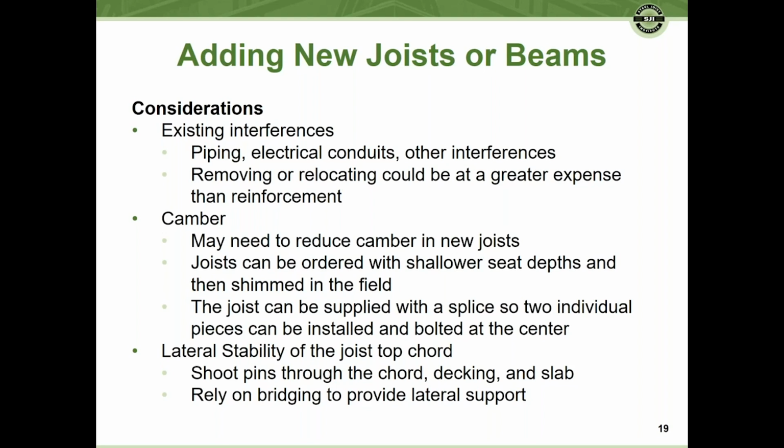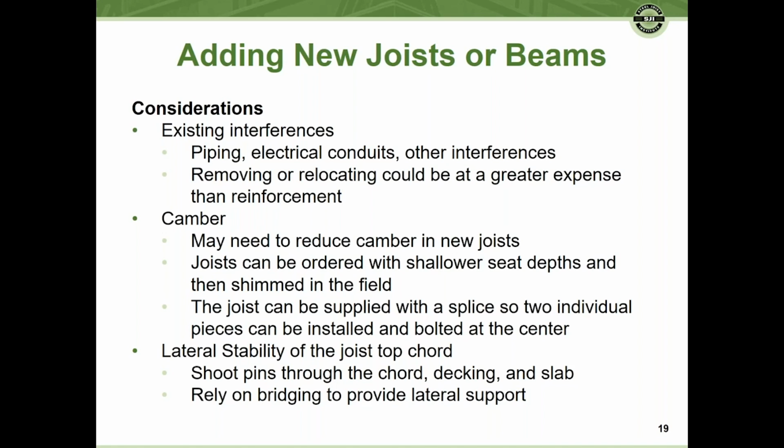Also, camber may need to be reduced on the new joist, because if there's some dead load applied, say a floor, the joist would be flat, and if it has camber, you're going to have a hard time getting that joist in. One way to ease getting the joist in is to have a shallower joist seat, so the seat depth would be less than the original. Then you can slide it in and shim the seat up to where it needs to be, so it's in contact with the deck.